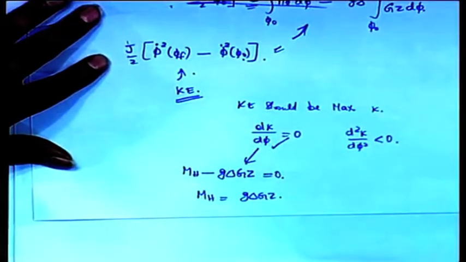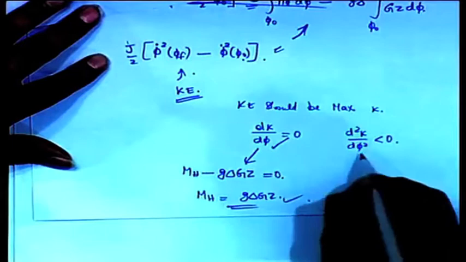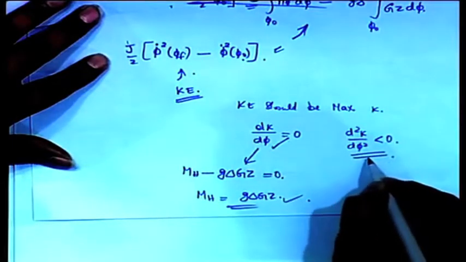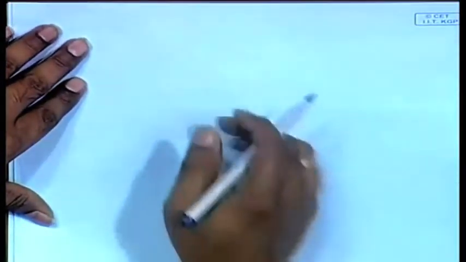What does it mean? It simply means that your heeling moment and your righting moment should be the same. That is a condition of stability, which we know straight away, but that is not enough. This is also to be satisfied; only then will you have the minimum potential energy or maximum kinetic energy.